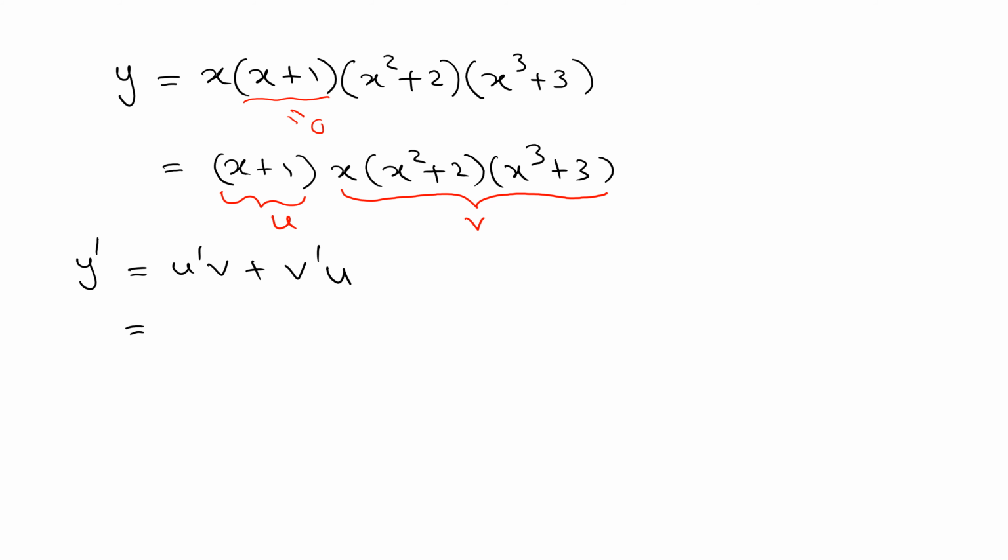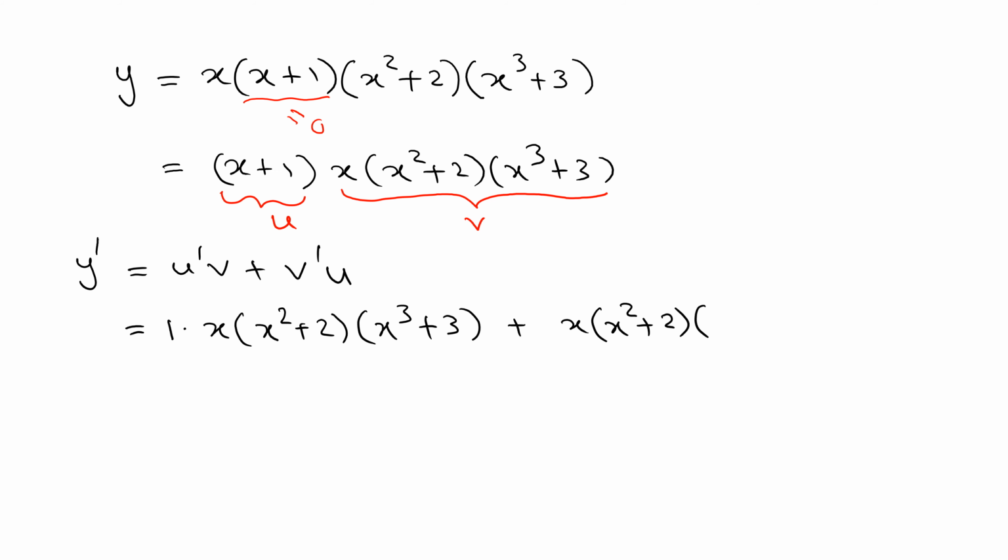So u prime is 1, times the rest, x squared plus 2 times x cubed plus 3, plus the next term, v prime. We just write the prime, the derivative of that, times x plus 1, but we are not going to find it. You will see why we don't want to do that.